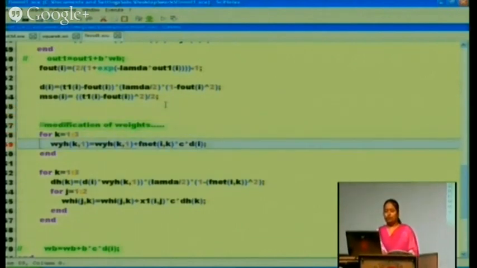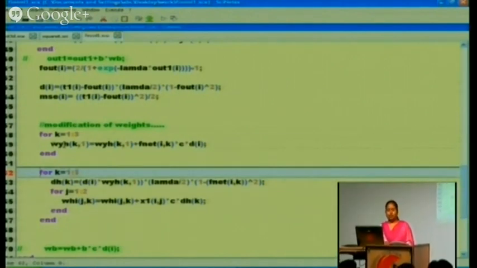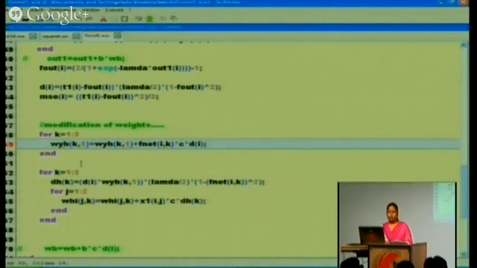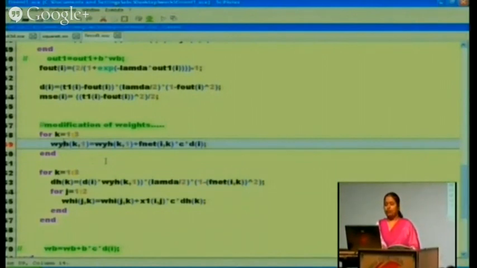So now the modification of weights, for k is equal to 1 to 3. These are the input neurons. Now you are familiar, WYH means from the hidden layer to the output, right? So WYH k1 is equal to f of net into C into di.